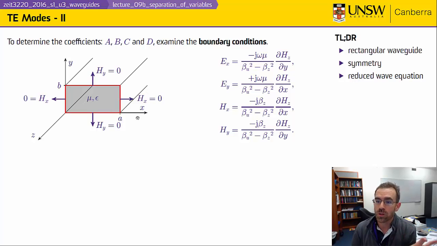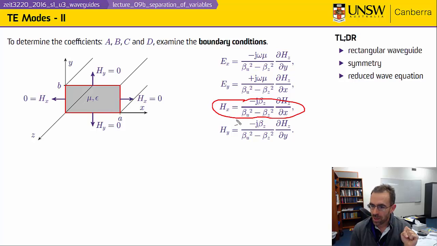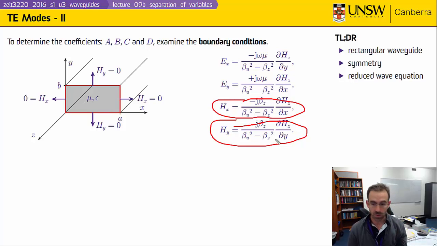Remember, in order to be able to apply this boundary condition, we need to use this expression and this expression to be able to get h sub x and h sub y from the magnetic field.